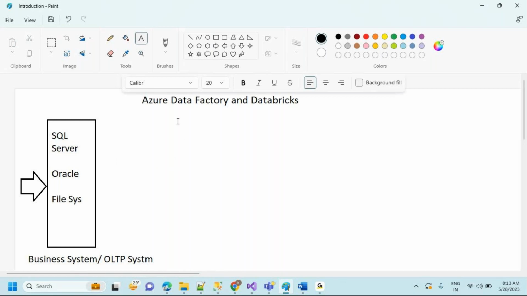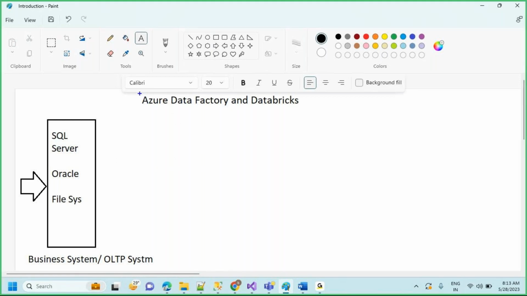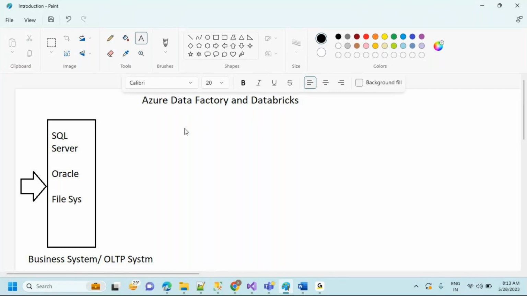Before this came into the picture, previously we used to have ETL tools in the market. Even now we have ETL tools in the market. What they used to do is extract the data from various systems. The system may be SQL Server.